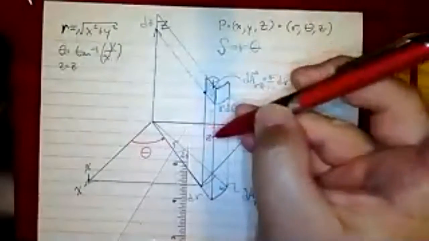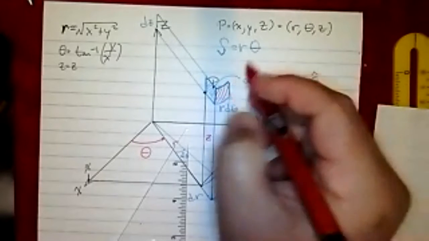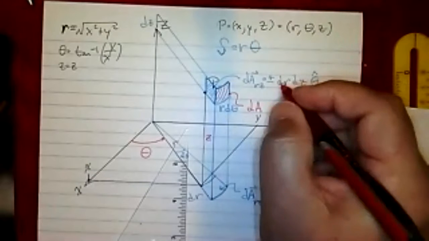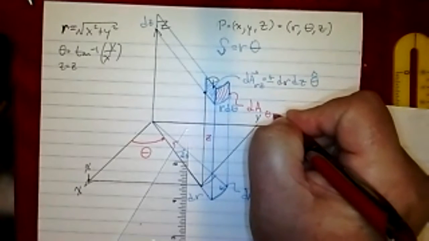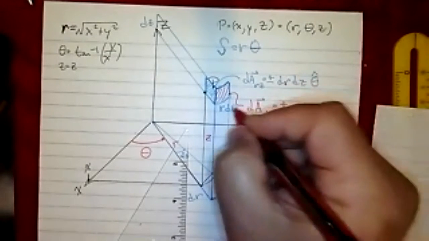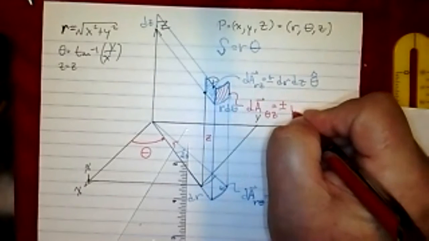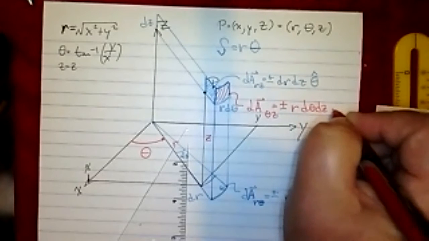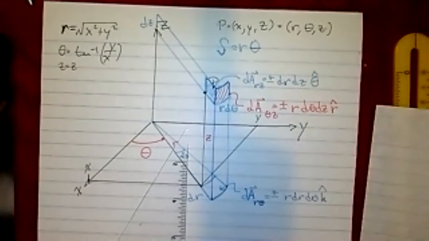This area right here would be dA, and this one was changing theta and z. So I'll say dA sub theta z vector, plus or minus. Now in this case, this length is r d theta, and this length is dz. So I'm going to say r d theta dz, and it points in that weird direction r hat, which I'm getting ready to work out for you.